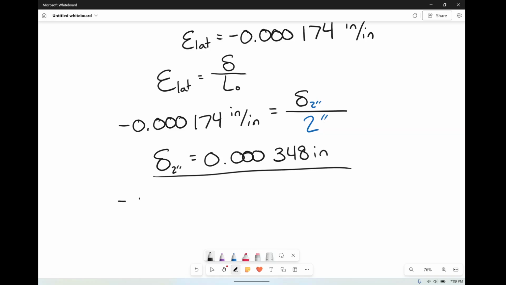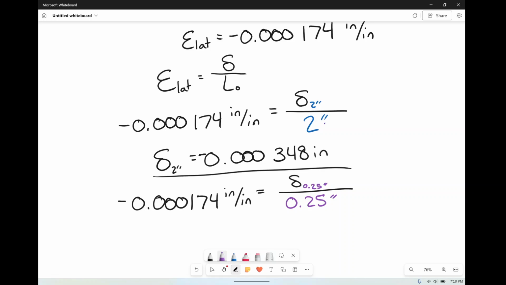And if we do it again for the other direction, we have negative 0.000174 inches per inch, those are negative values, by the way, is equal to, this time, the deformation in the 0.25-inch direction over the original, which was 0.25 inches.